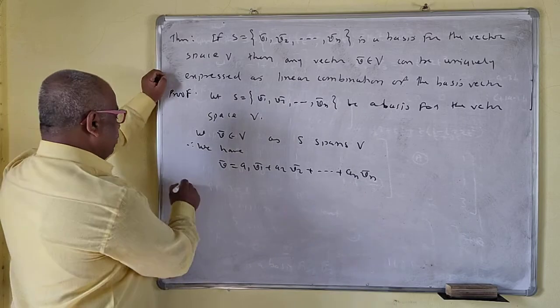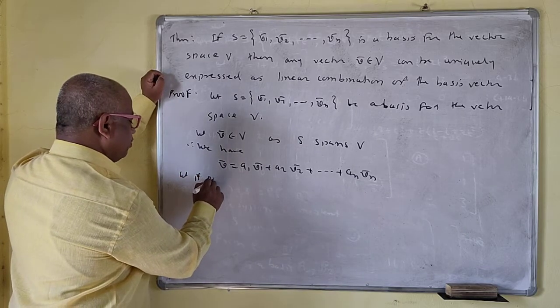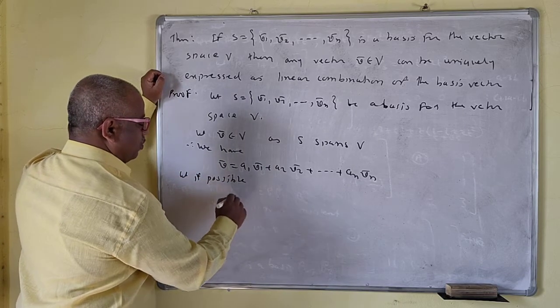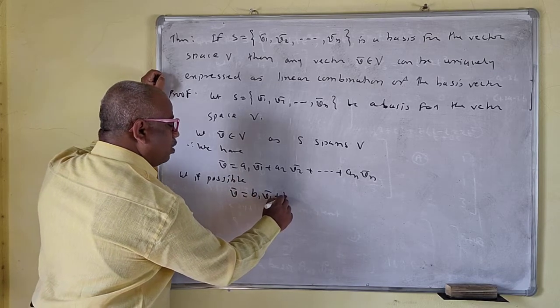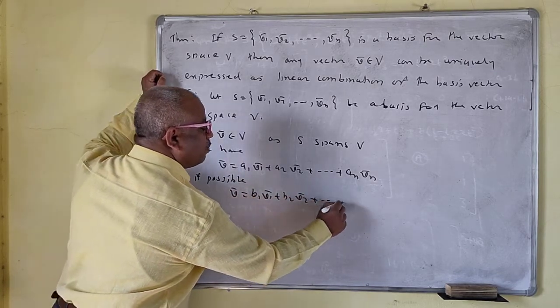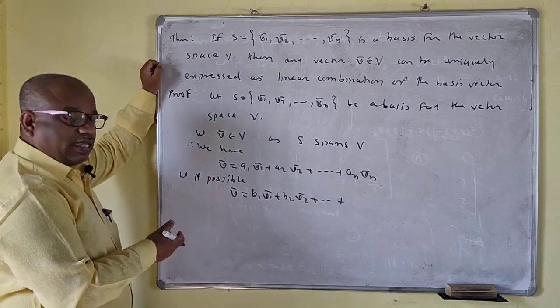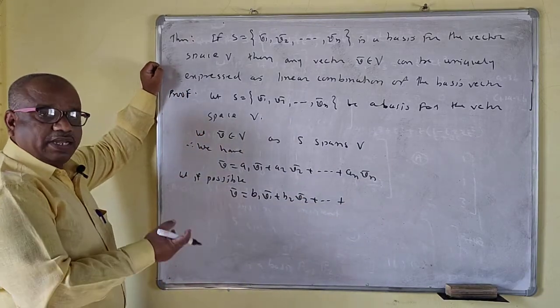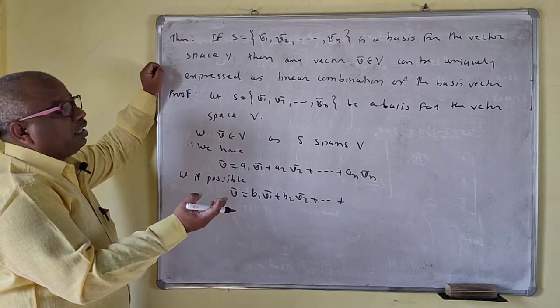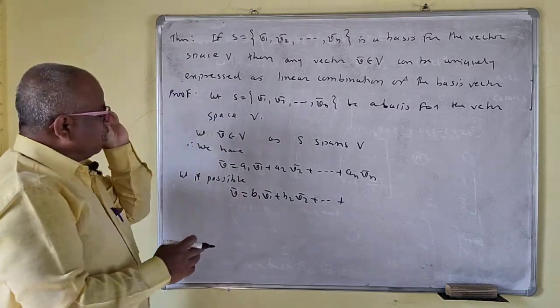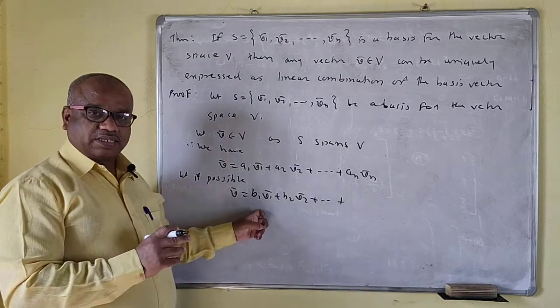So let it be possible that V bar equals B1 V1 bar plus B2 V2 bar plus ... plus Bn Vn bar, another linear combination of the vectors in S.